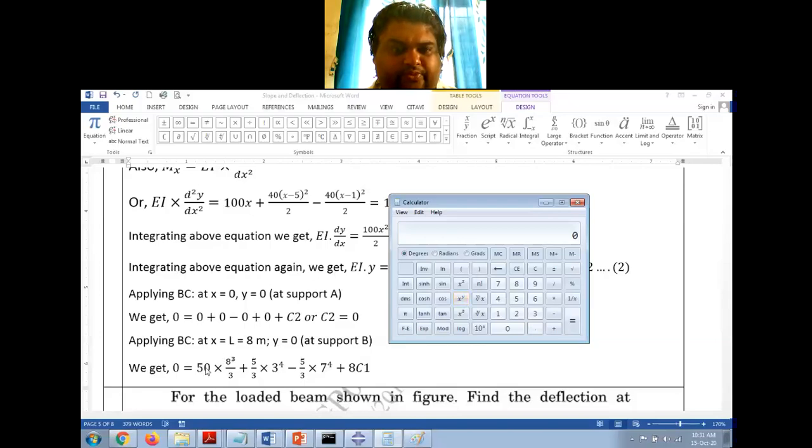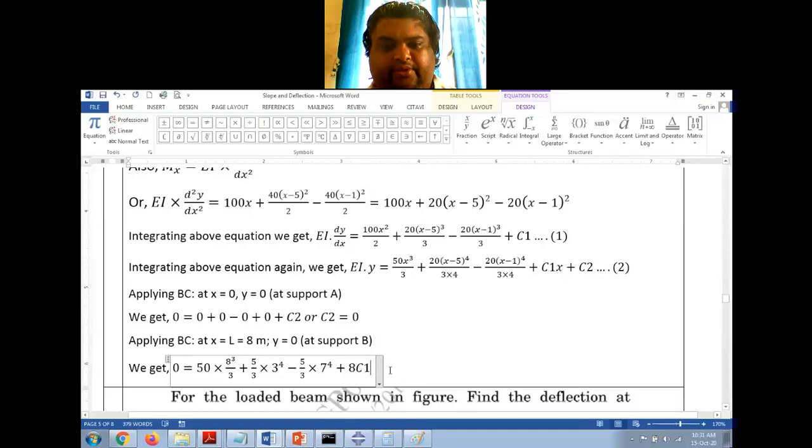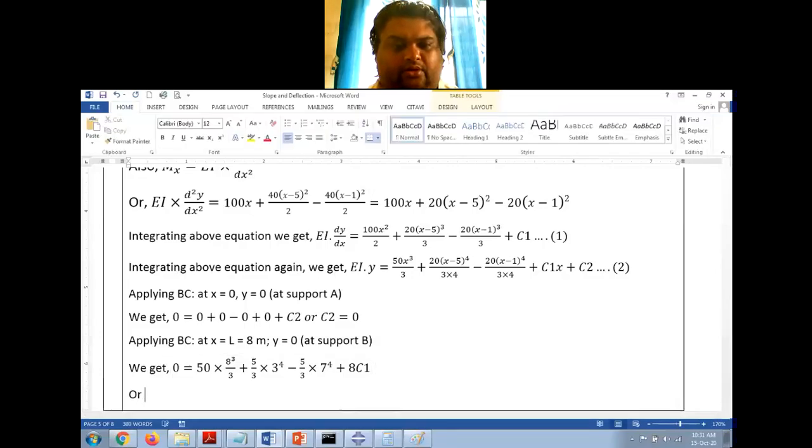This value, right, from here to here, it is 4666.66. If I take it on the other side, it will become negative 4666.66 and divide that by 8. So divided by 8, so I get 583.33, right? Or C1 is equal to 583.33. There is no unit, this is a constant, right?